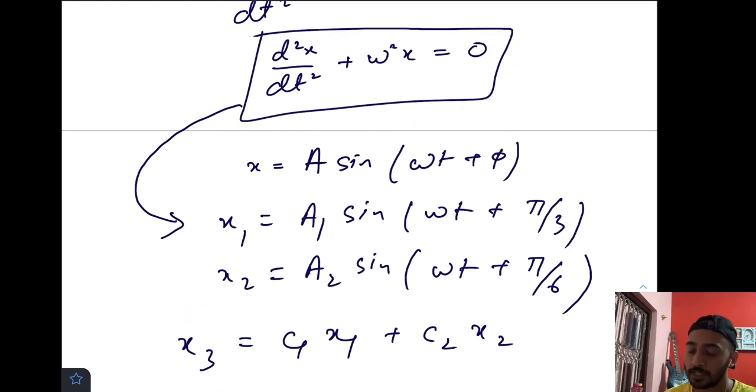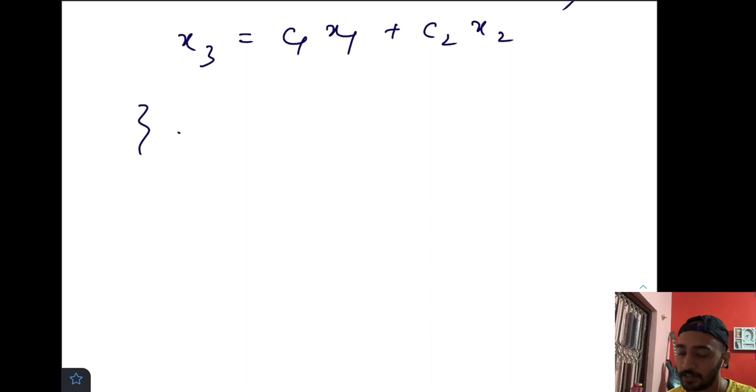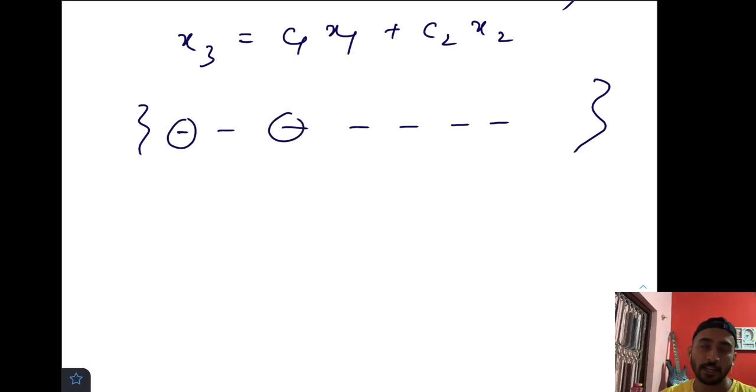So basically, if there is an infinite set of solutions, and if you take any two or any n number of solutions from there and make a linear combination of all those solutions, the final answer will also be a solution. So this is the beauty of this differential equation. This property is known as closure, because this solution set makes a closed form.